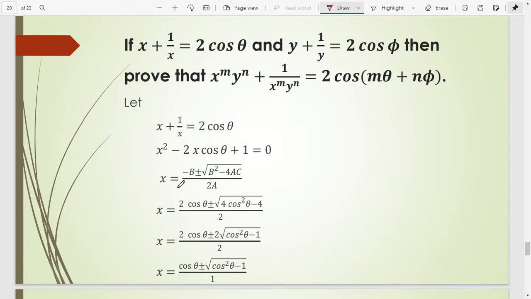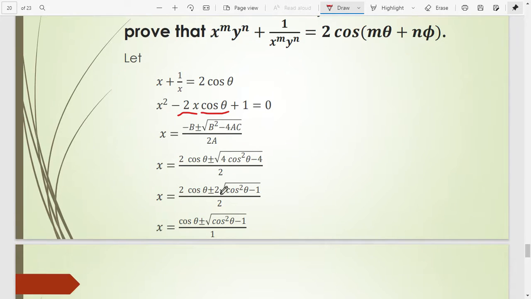So we can find the root x is equal to minus b plus or minus under root b square minus 4ac upon 2a. So x is equal to 2 cos theta plus or minus under root 4 cos square theta minus 4 upon 2, a is equal to 1. So 2 cos theta plus or minus 2 into under root cos square theta minus 1.